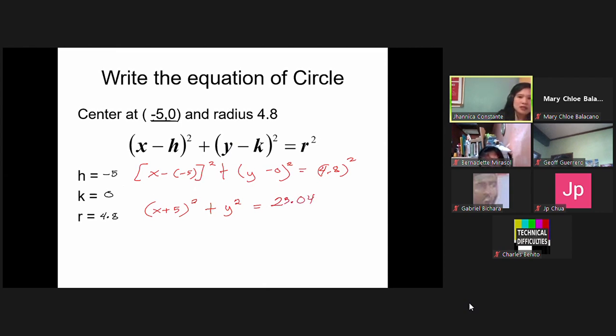So that means the equation of our circle is in the form (x + 5)^2 + y^2 = 23.04. That is the equation of our circle.